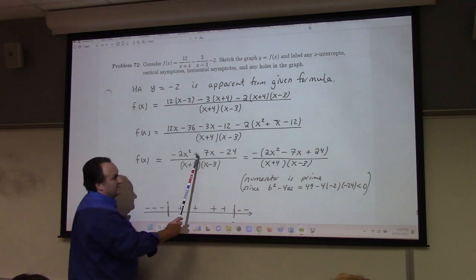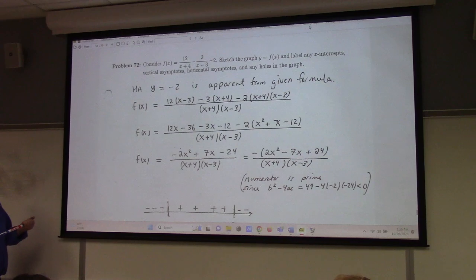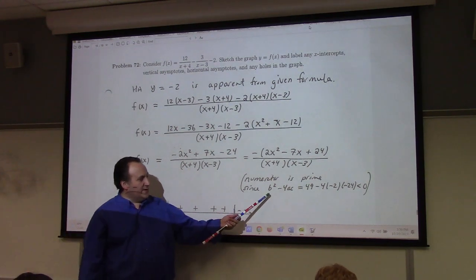I eventually get to this. And I looked at that and I thought, do I want to factor it? I don't want to factor it. I feel like it's prime, so if I have a suspicion something's prime, then I fall back on the discriminant test. The discriminant test is just to check b squared minus 4ac.